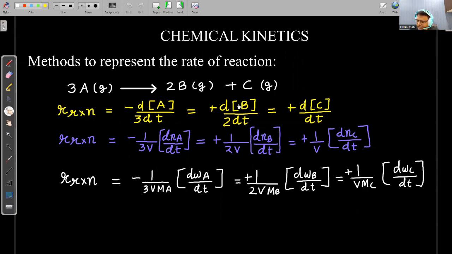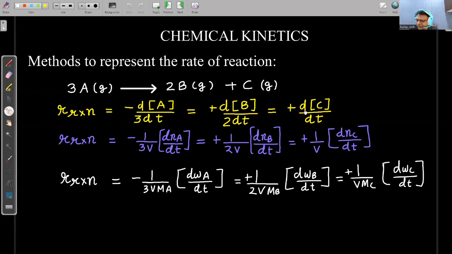So this is the rate of change of concentration of B with time divided by stoichiometric coefficient 2. And similarly, we can write in terms of C, the change in concentration of C with respect to time. So this is the usual way of writing the rate of reaction.